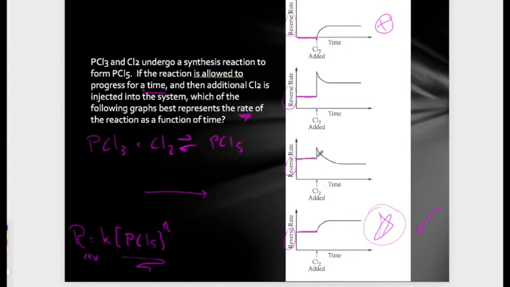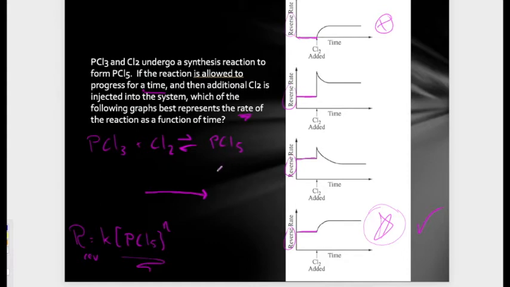Now, I know it's not the middle two because the middle two show a quick spike. So I know that the answer has got to be D. It's got to be this last one, because I know that when I add Cl2, I'm going to be making more PCl5, and by adding more reactant, I get more product.